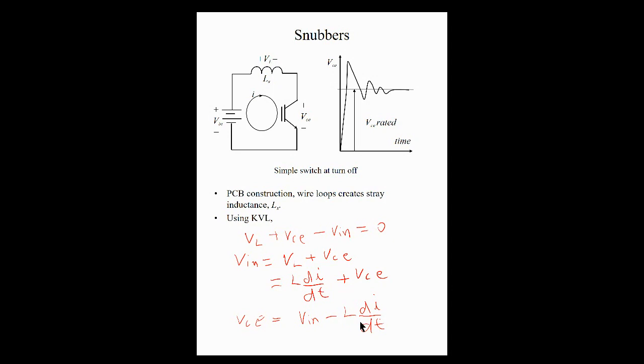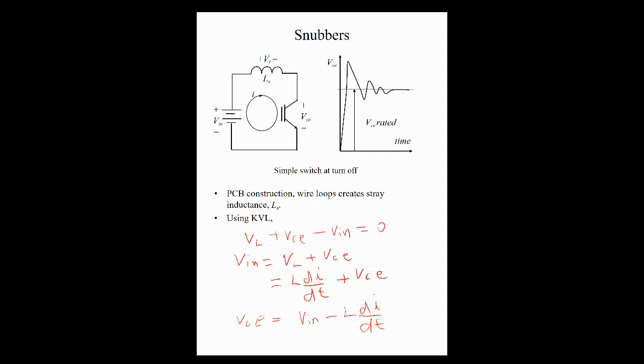So therefore, what you have here, V in, is going to be V in plus L di/dt. Because with the inductor, when the current is decreasing, it is going to oppose this change. Are you following me?